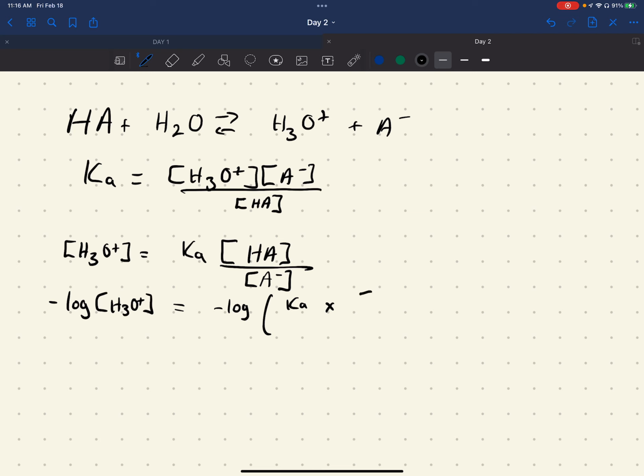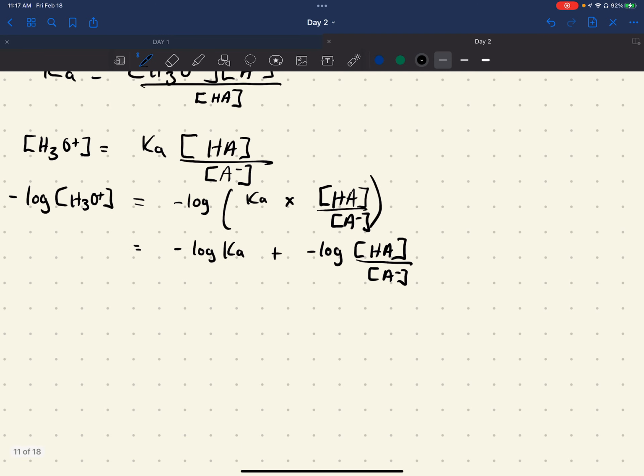Now we can do some rearrangement here. This is going to be the negative log of Ka plus the negative log of the concentration of HA over A minus.